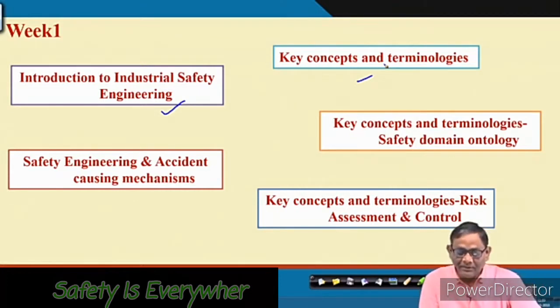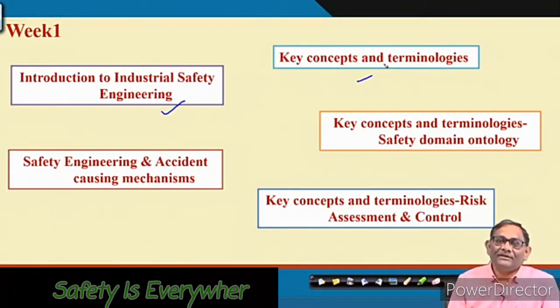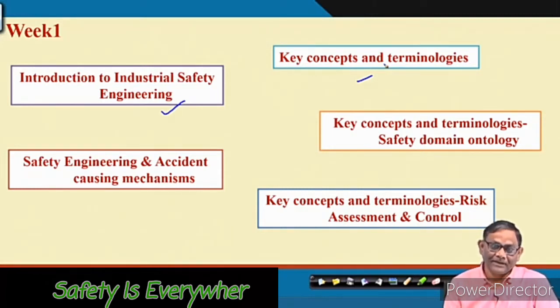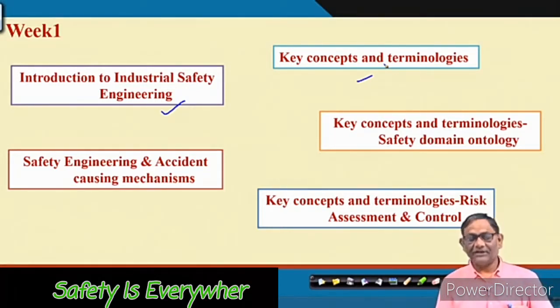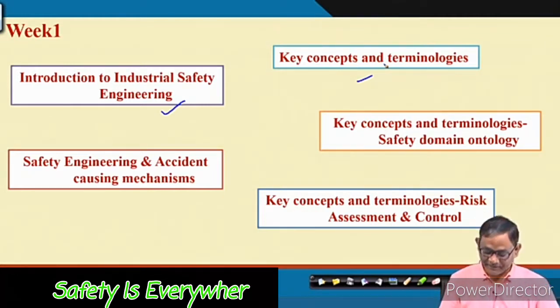Then we gave you concepts like the hazard triangle, safety domain ontology, then how accidents are caused from hazards and the total accident path, and finally in that week you saw how risk control systems can be put in place conceptually from the prevention of accident point of view as well as mitigation of the consequence or impact point of view.